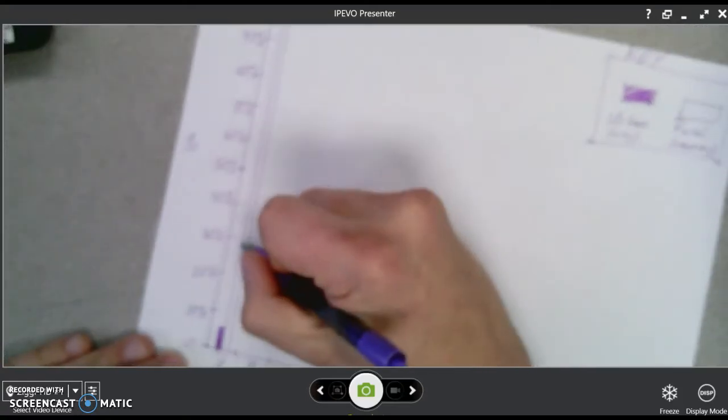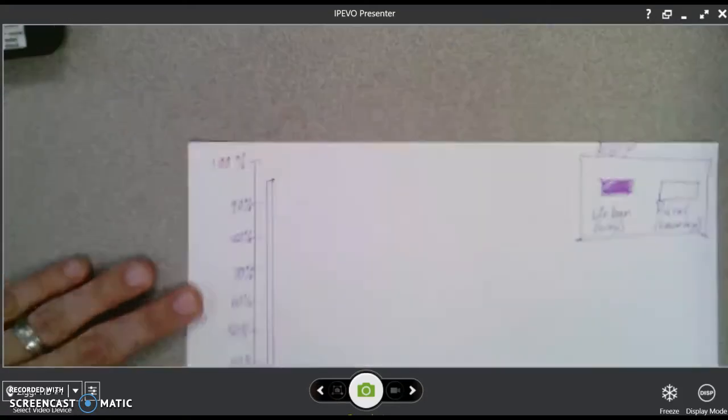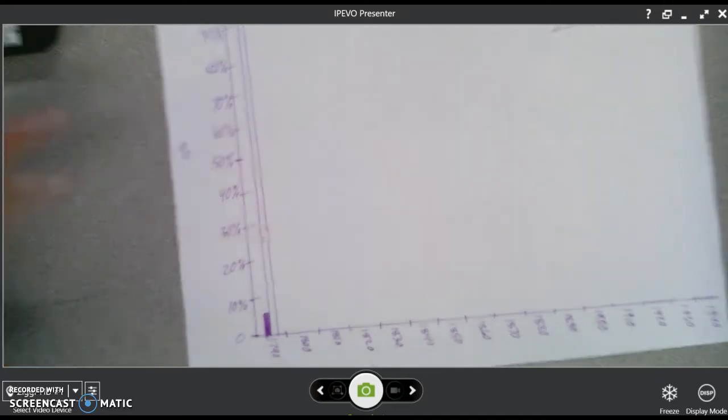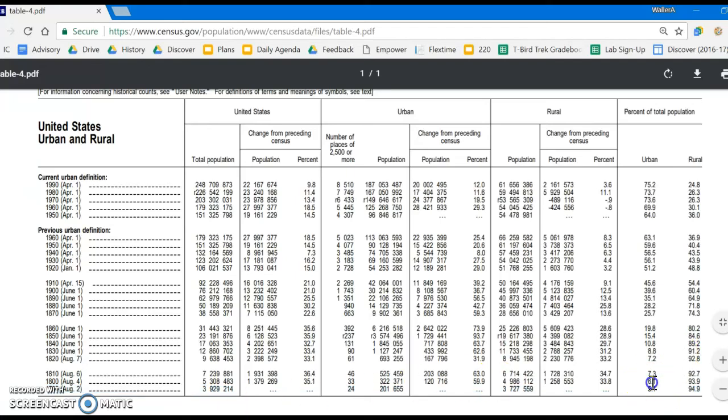And there's my bar. So now I'm going to look to the next year. The next year, it says in the year 1800, urban was up to about 6%, rural down to about 94%.